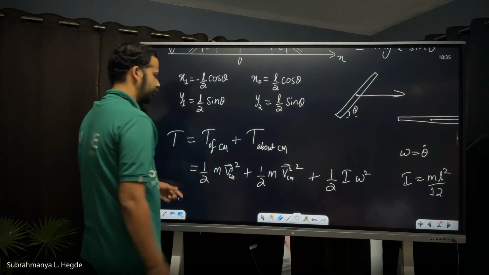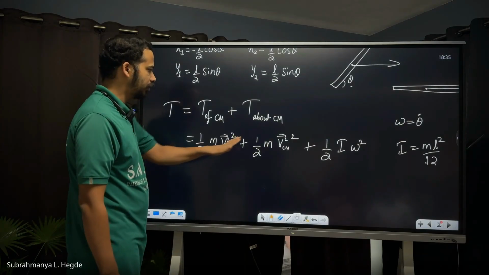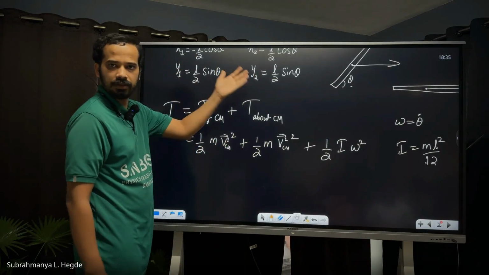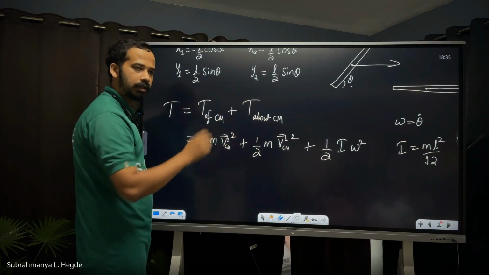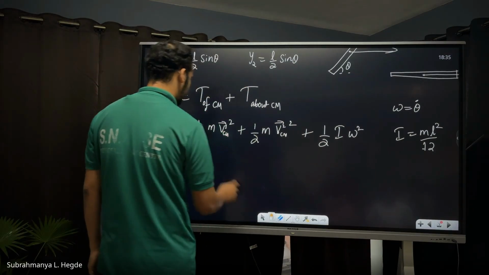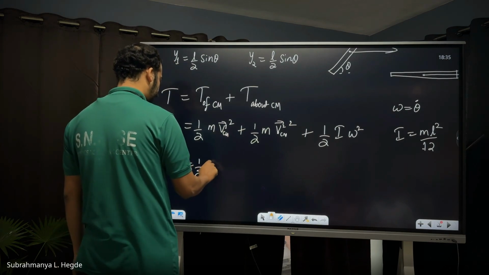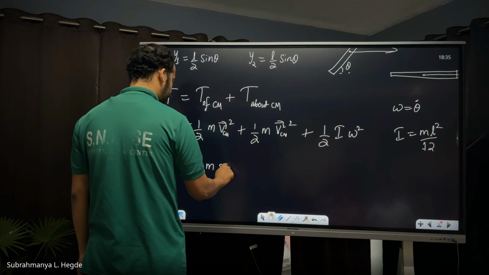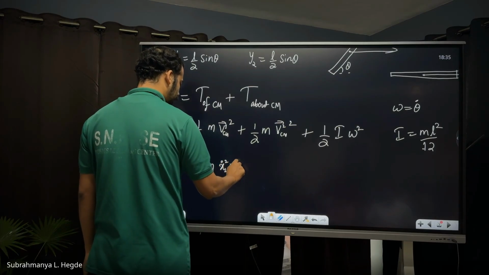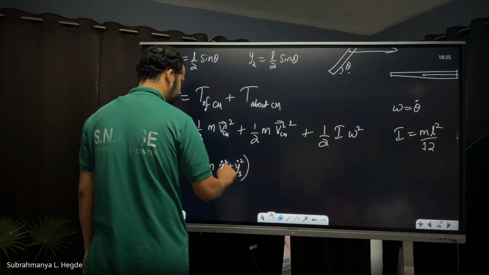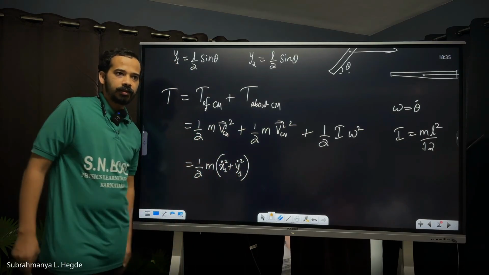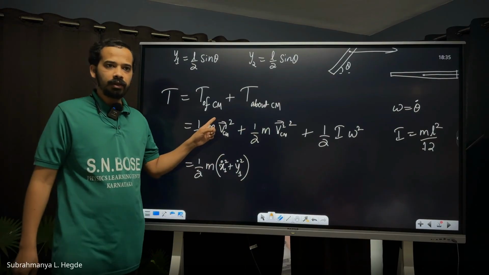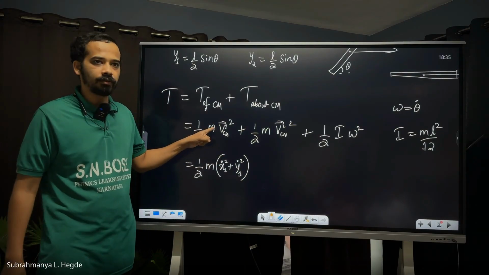Now in the Lagrangian approach, I will convert these things also in terms of theta. Only one generalized coordinate, and we can solve further. You see this one, half m into x1 dot square plus y1 dot square. Is that okay? Because x1 dot and y1 dot are the location of the first center of mass.